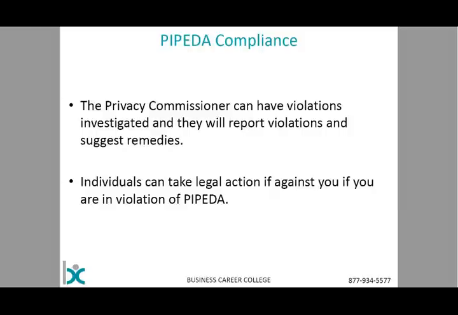So when we talk about suggesting remedies, if they're investigating a privacy breach where you gave information out about one of your clients to someone without their consent, they may suggest, for example, that your business have a policy in place around when information can be released and how it would be released, and then keeping a record of that request on file.